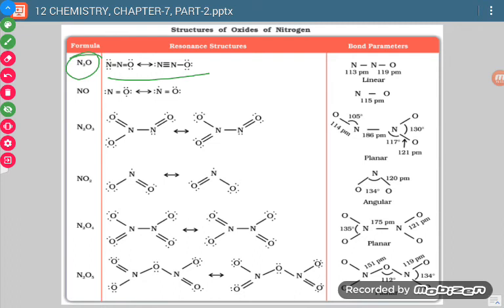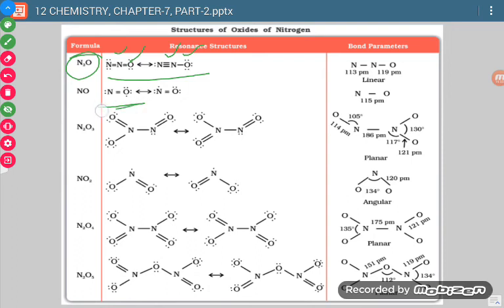If we put double bonds around nitrogen, 2 on one side, then it is like this, and if we put a triple bond on one side and a single bond on the other side, then the molecular structure is like this. So it is in the form of resonance. These two are the resonating structures of N2O.